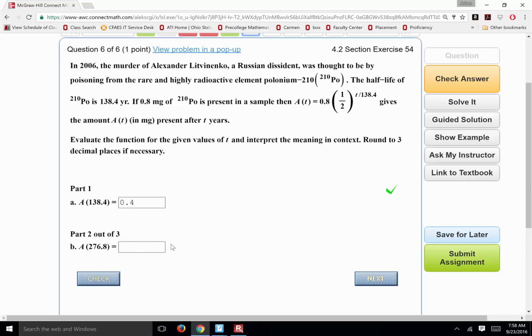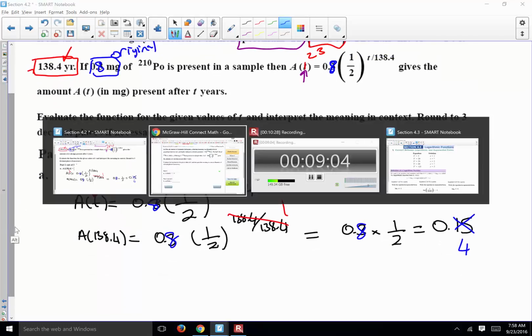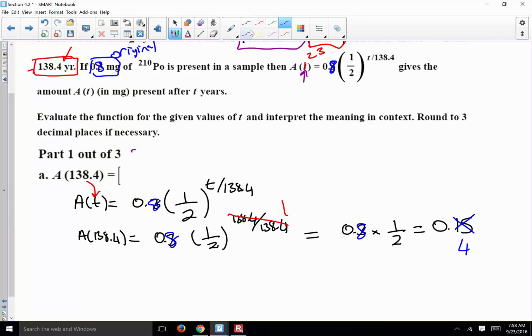Alright, next. The number is 276.8, part B. Now, how did they come up with this number? Why would they pick such a number? Why didn't they choose 300? Why didn't they choose 200 but 276.8? Do you see a relation between these two?